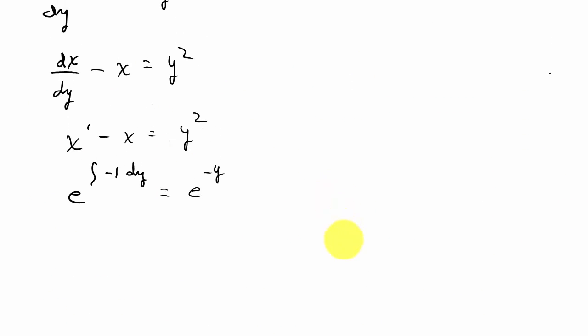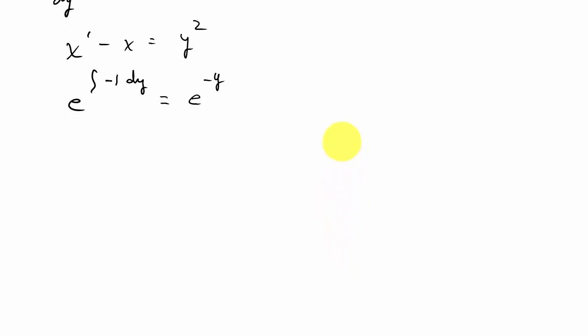Alright, so let's get our equation. We have it right here. Here's our standard form. And so that's going to be x prime minus x equals y squared, and I'm multiplying that by the integrating factor.